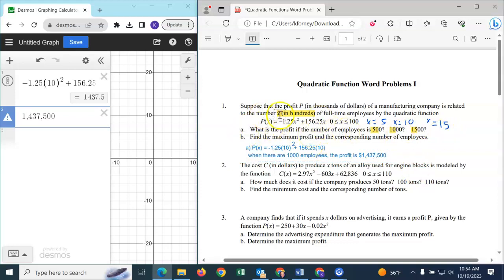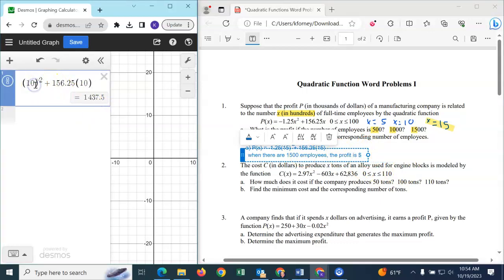All right, this is still all within part A. Then what you want to do is we're looking at when X is 15. So we're going to go back into our problem, and instead of having a 10, we're going to have a 15. And remember, this is not saying we have 15 employees. This is saying we have 1,500 employees, and we want to find our new profit.